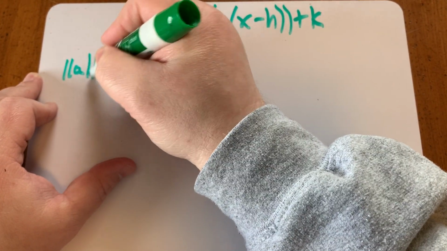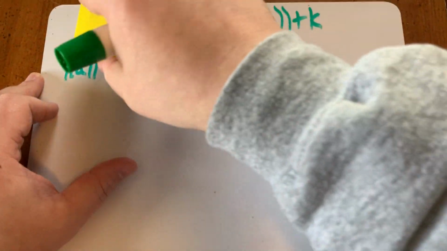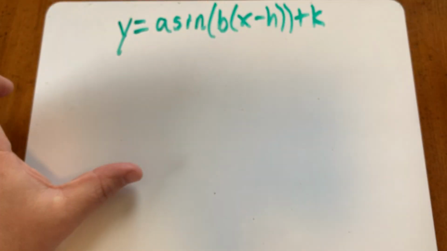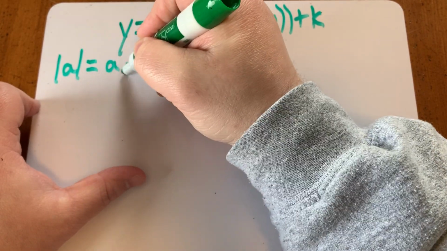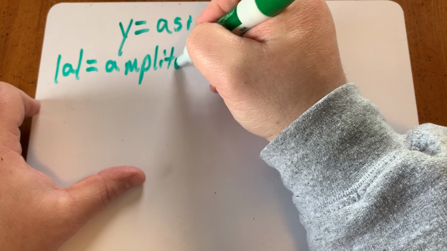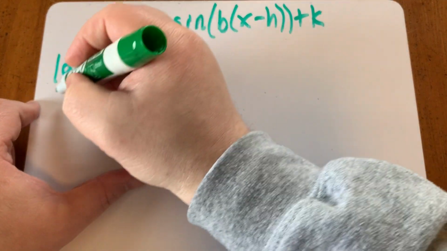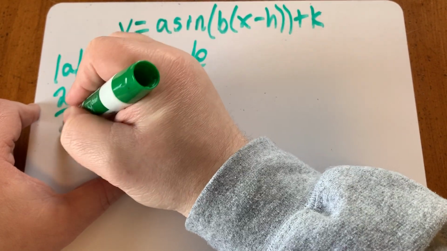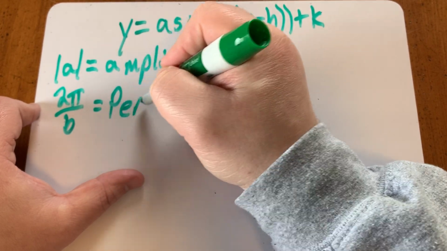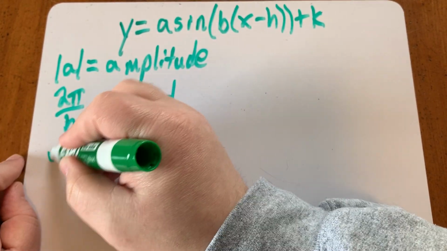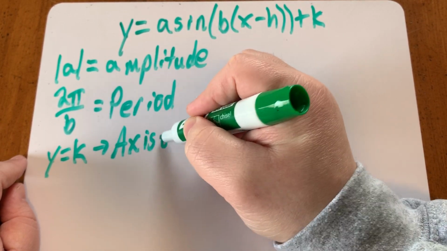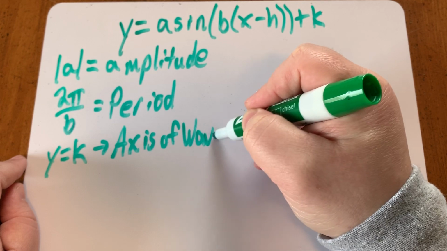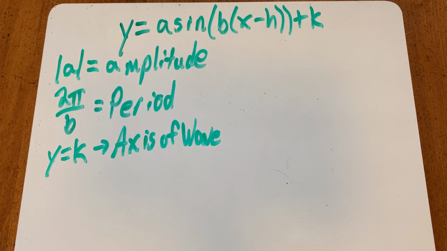The absolute value of a is our amplitude. 2 pi over b tells us our period. And y equals k tells us our axis of the wave. So all of that stuff is still true.